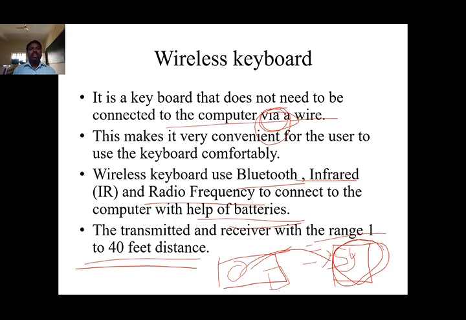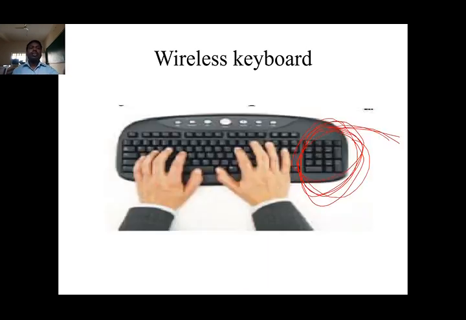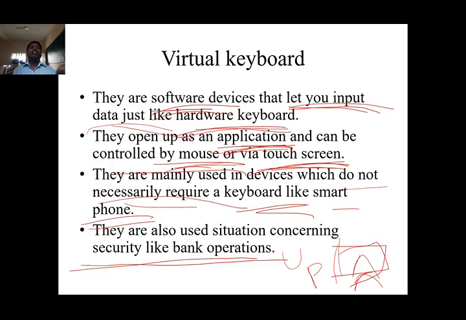So we need not connect a keyboard to the system through wire. Then how can we connect? We can connect through Bluetooth, infrared, radio frequency with the help of battery. How much distance can we connect? Up to 40 feet. So this is the example for a wireless keyboard.